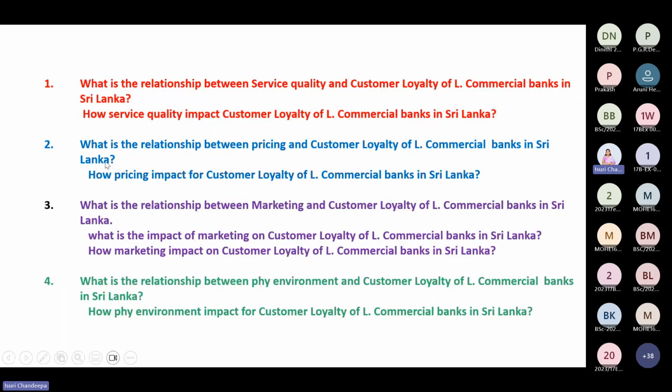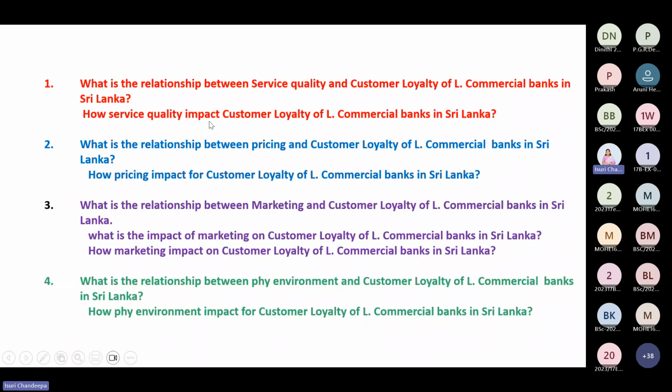Or else the same research question can be written with the term how. It's a WH format, right? How does service quality impact the customer loyalty in the respective area? Again, try to identify the five components. You started with the question format, the first one is okay.